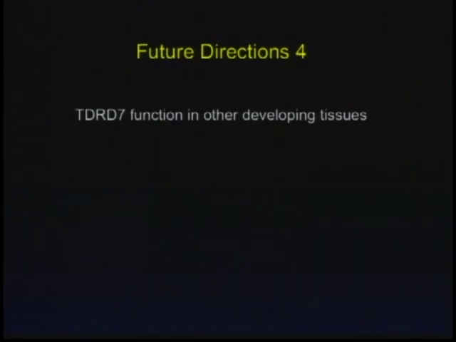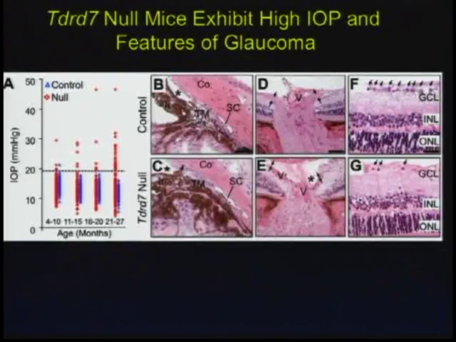And then we have some inclination to believe that Tdrd7 is also functioning in other tissues. For example, we find that in 2 of the patients who develop congenital cataract, they also develop glaucoma. And in our mouse mutant model, we find that there was elevated intraocular pressure in these Tdrd7 null mutants.